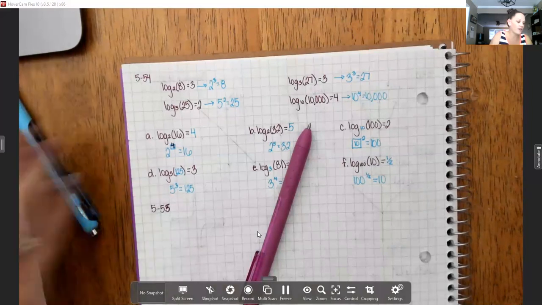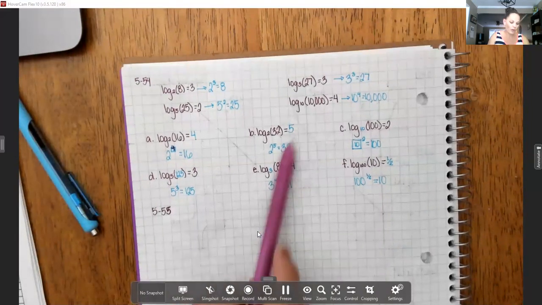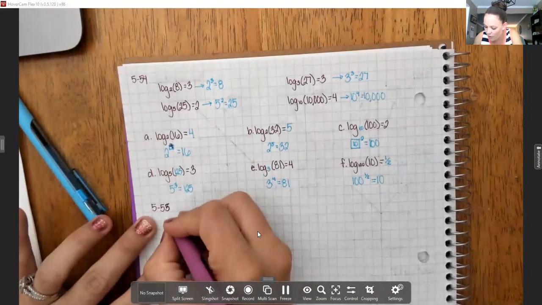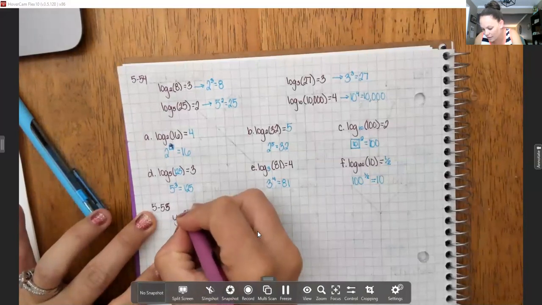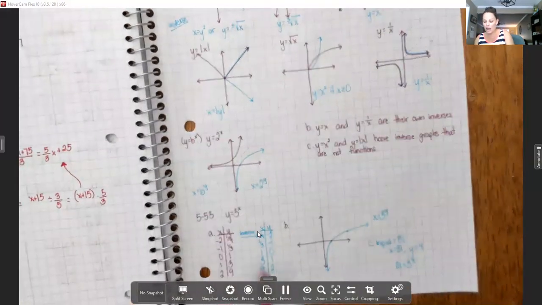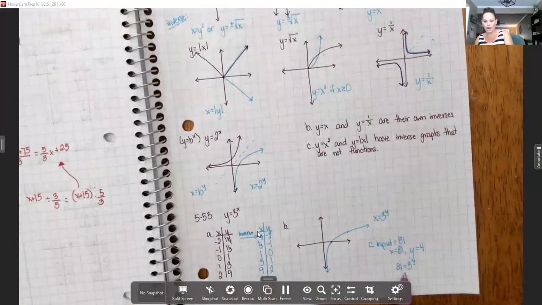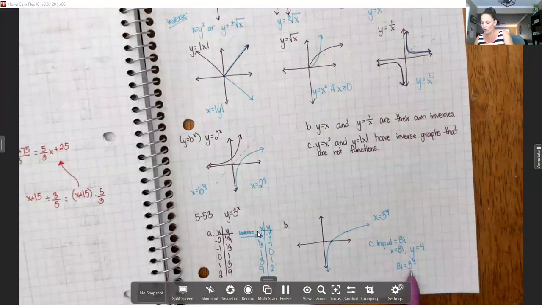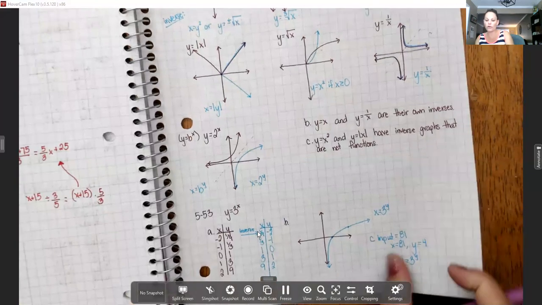But for problem 55, we were focusing on y equals 3 to the x a couple of minutes ago. Back here, I'm going to flip the page back. When we did this problem, and we saw that this was the inverse, we asked ourselves this same question: 3 to what power gives us 81, when we were trying to fill in the table or find the missing value?